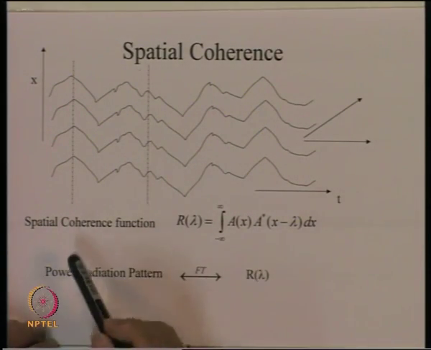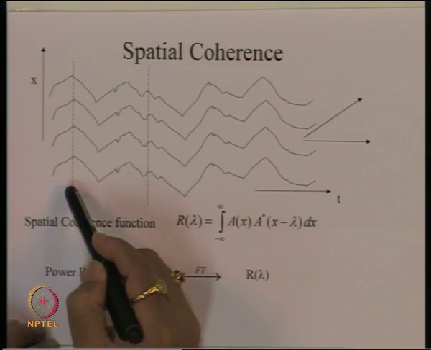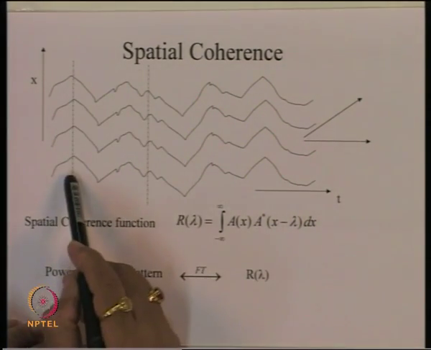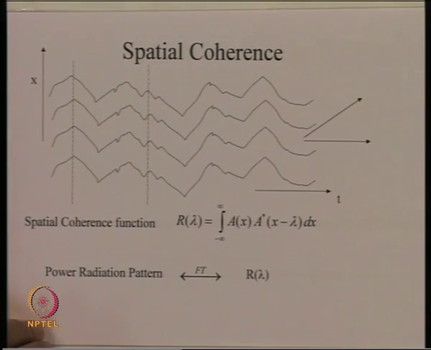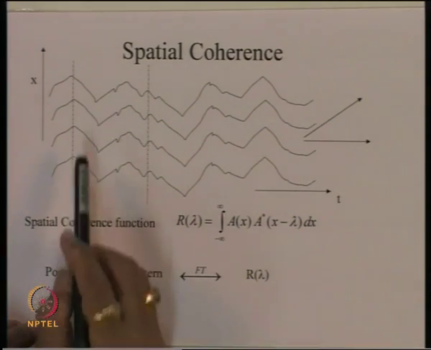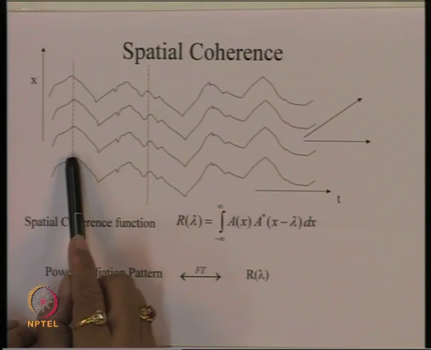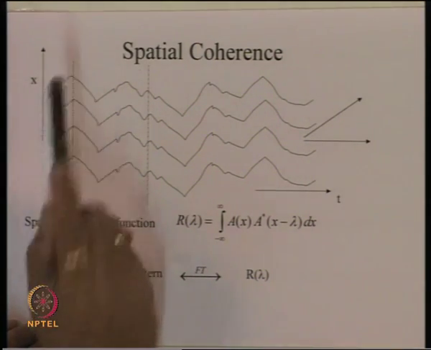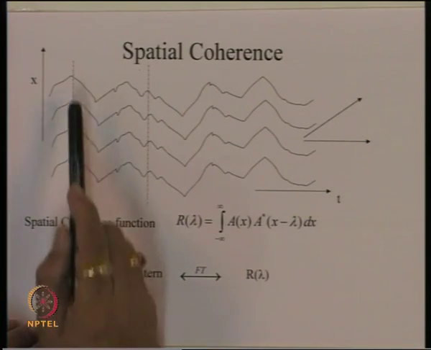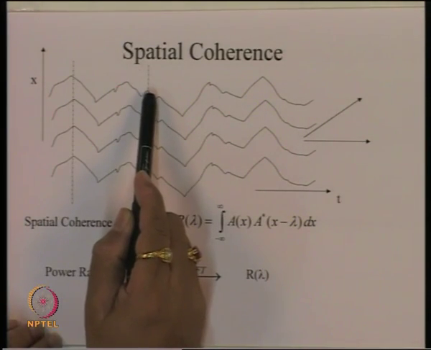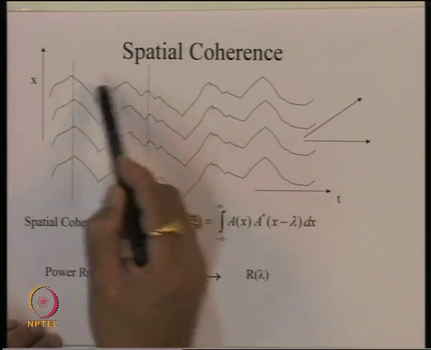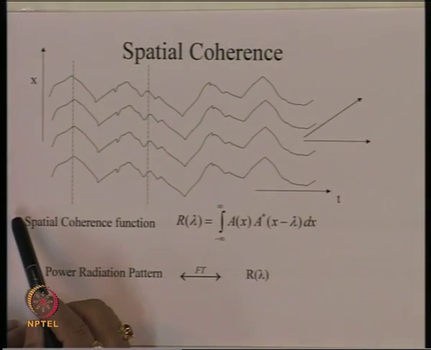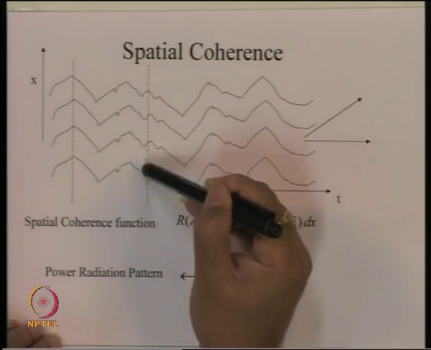But if I ask what is the relationship between different points in the plane perpendicular to the direction of propagation, you will see that when this point is passing through maximum, this also is doing the same thing, this also is doing the same thing, this also is doing the same thing. Though this point is not doing the same thing as this point, so these 2 points are not very well correlated, but these points are very well correlated.